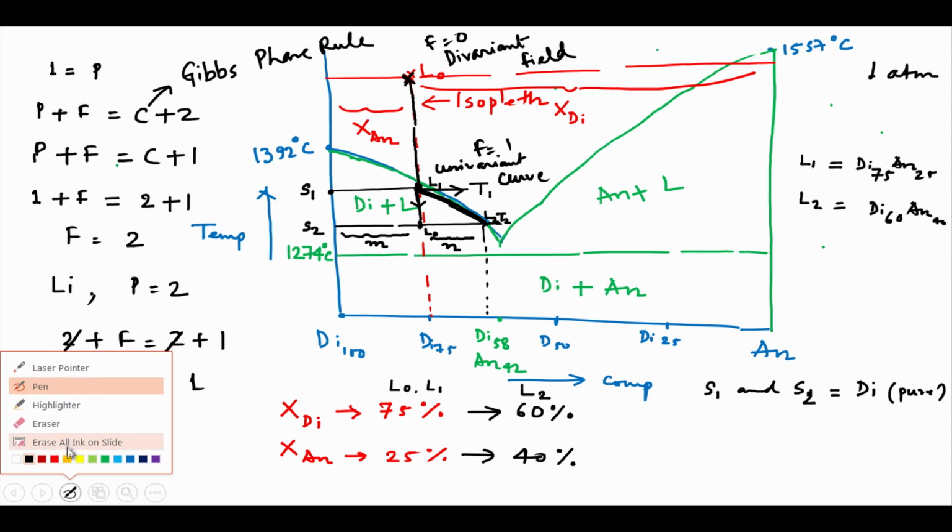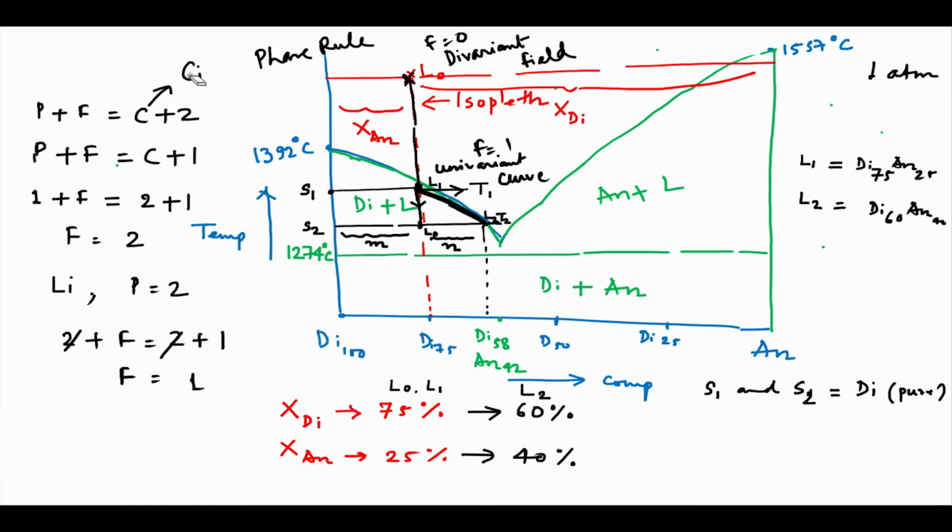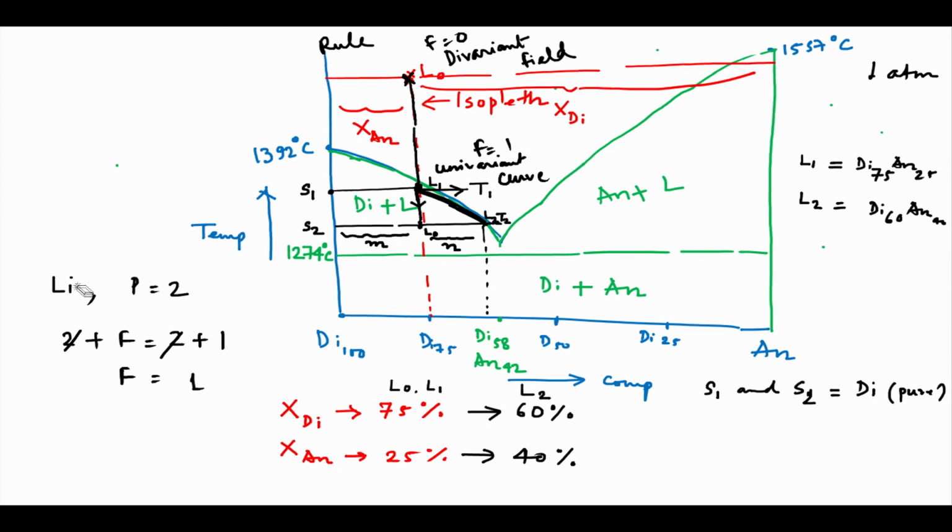So, at T2 what will happen is that S2 L0 is m, and L2 L0 is equal to n.